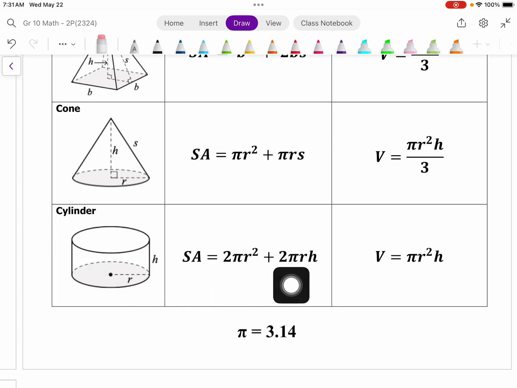And then the 2 pi r h, so 2 pi r gives us the circumference of a circle. And so that's going to give us, as we'll see in a moment in the net, that this part is actually a rectangle, but one length is the same as the circumference of the circle because it wraps all the way around. So 2 pi r and then multiplied by h.